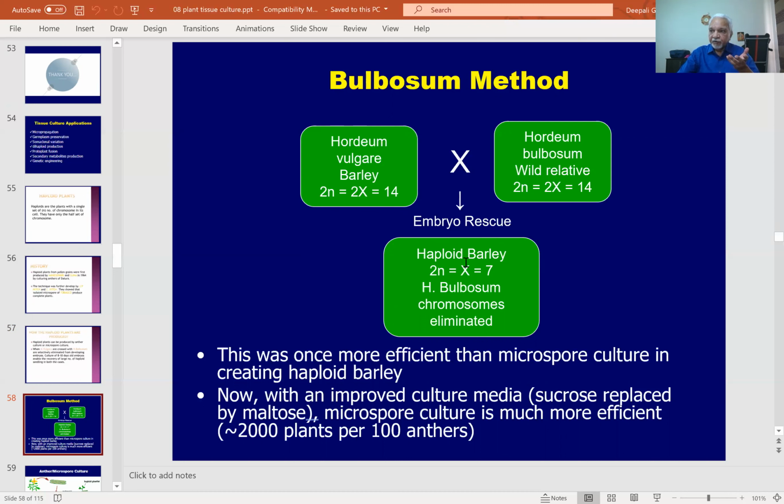This was once a very routine method of producing haploids, but with improved methods of pollen culture, ovule culture and anther culture, it is now routinely done by anther or microspore cultures rather than by interspecific crossing and embryo rescue.